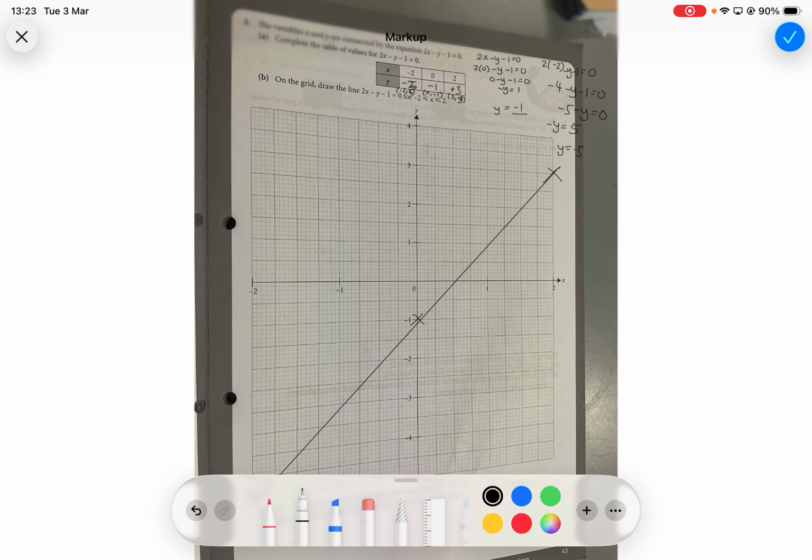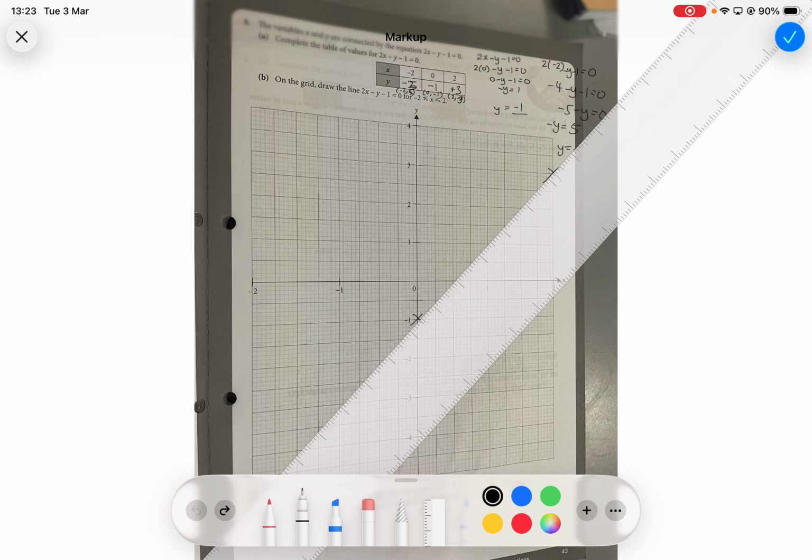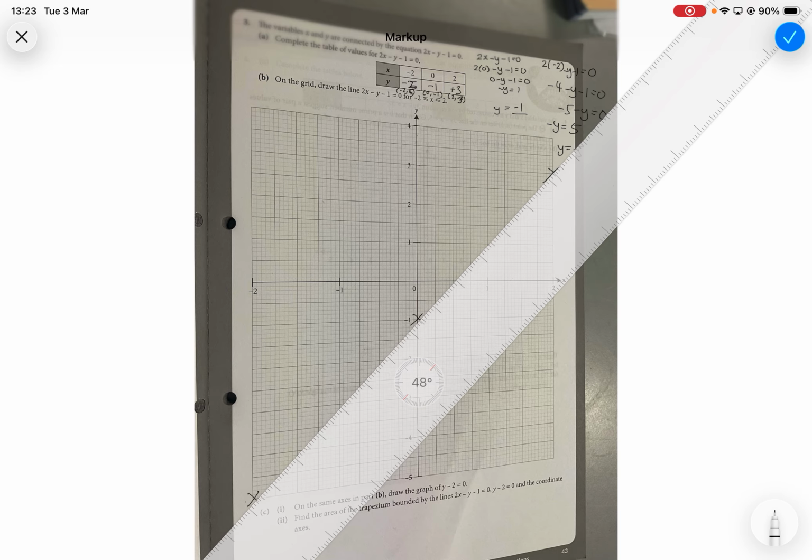The next one, they ask you to draw the graph y minus 2 equals to 0. How to draw this line? How to draw y minus 2 equals to 0?